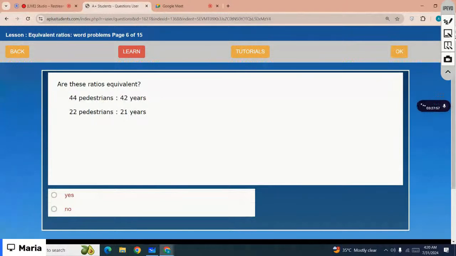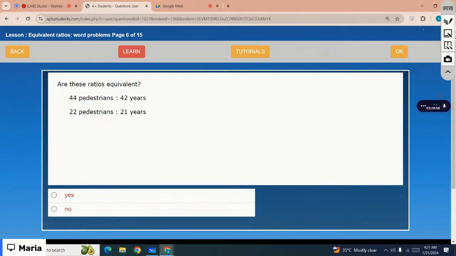Which is the correct option? No, they are not equivalent, right?